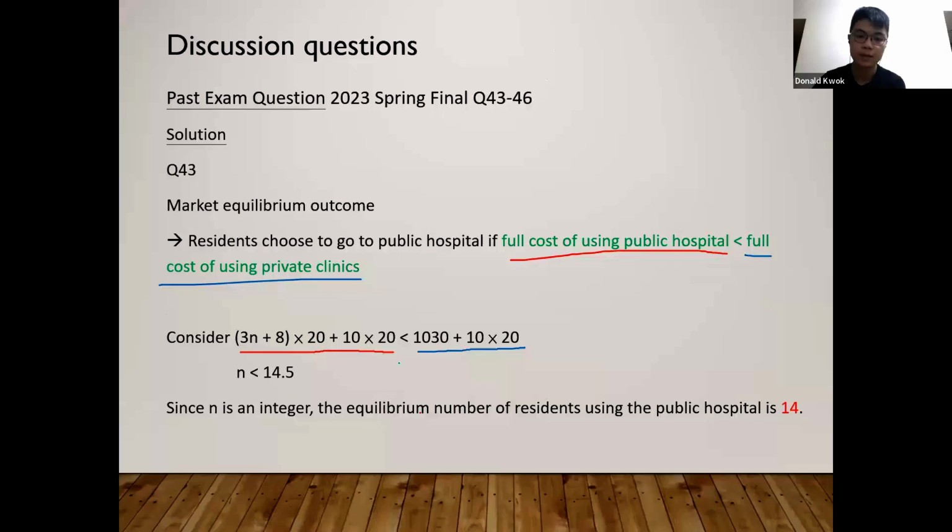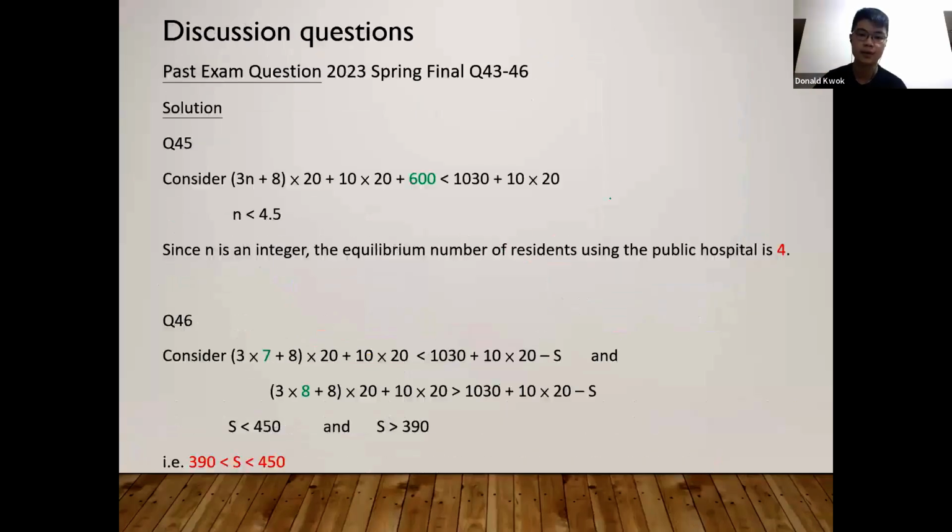Then we just add 600 into the full cost of using the public hospital. And this would essentially be the inequality I have put down for question 45 here. Okay, solving this, we have n smaller than 4.5. And again, n is an integer, then the equilibrium number of residents using public hospital is 4.